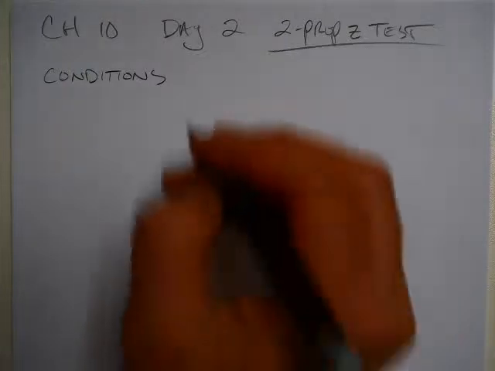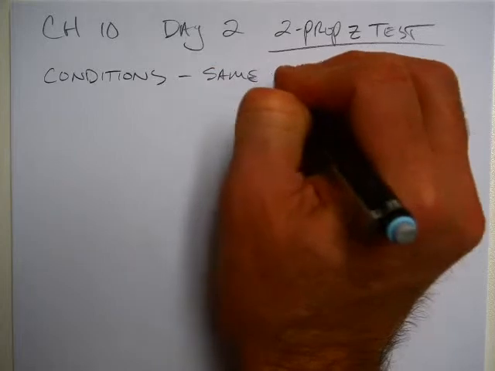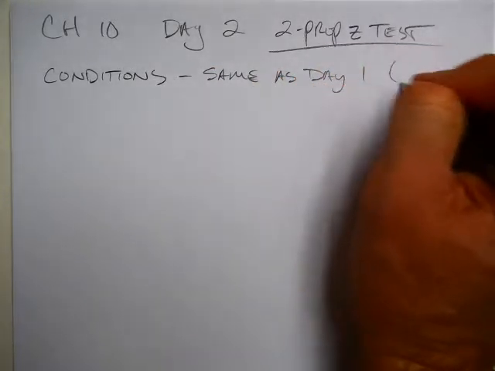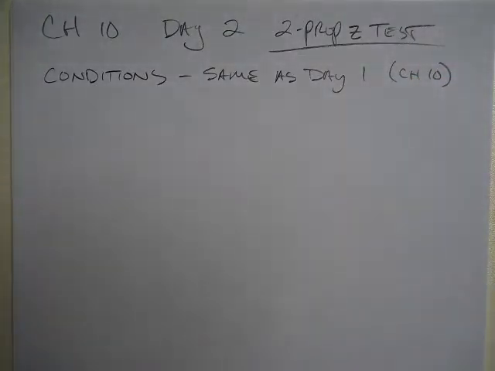Conventions today are the same as day one. So no change in the conditions. But we do have a null hypothesis and an alternative hypothesis.